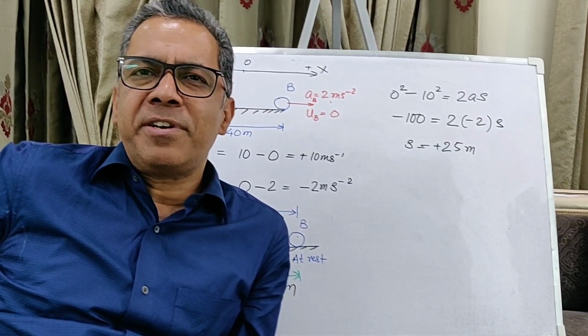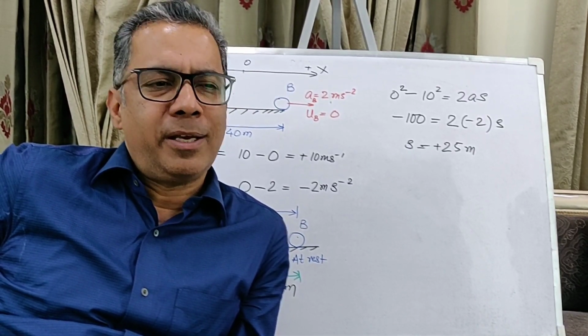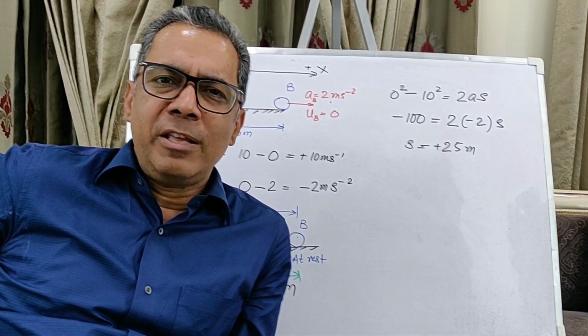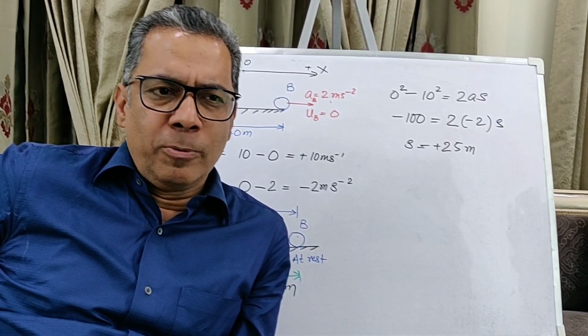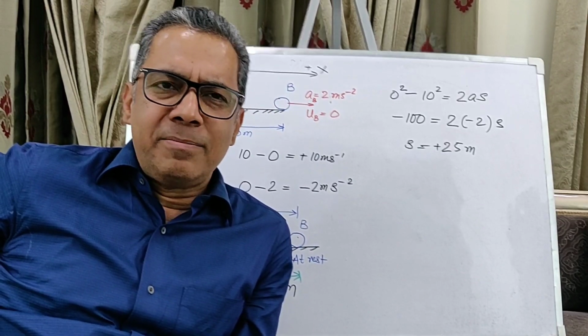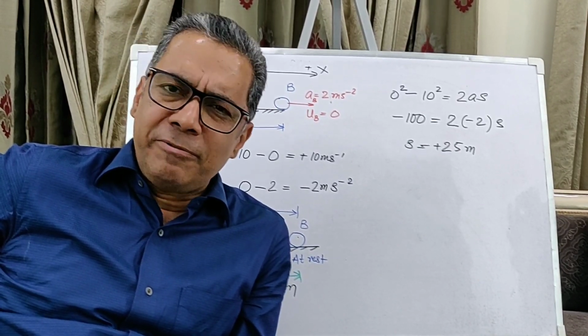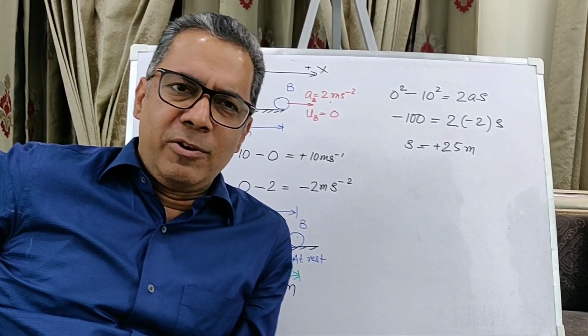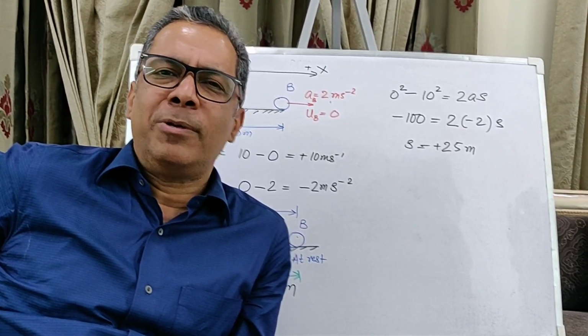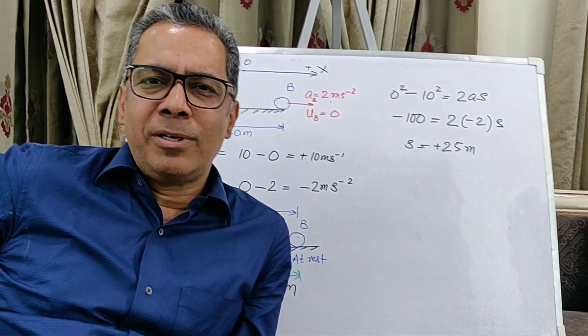For instance, we haven't really discussed any problems involving velocity position graph, acceleration position graph, also some random kind of problems, the kind of which we have not really discussed so far. So the next video will be about miscellaneous problems on straight line motion.